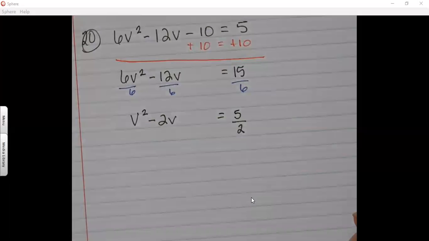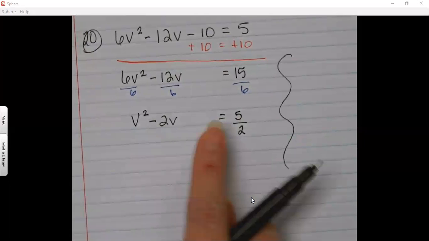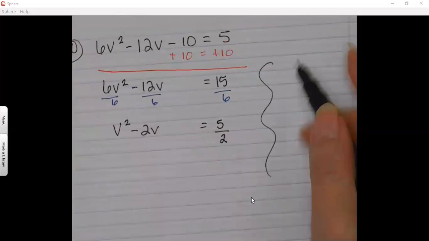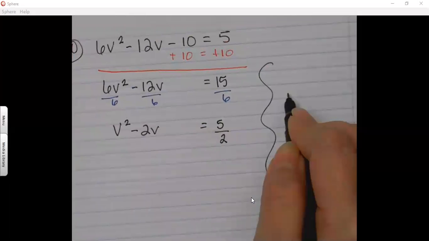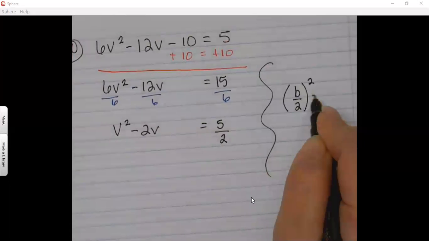This is called completing the square. We are trying to get a perfect square trinomial on the left side, okay? So we have to figure out what this constant would have to be in order to create a perfect square trinomial. To complete the square, you take b, your new b, not your original b, divide it by 2, and square it. What is your new b?